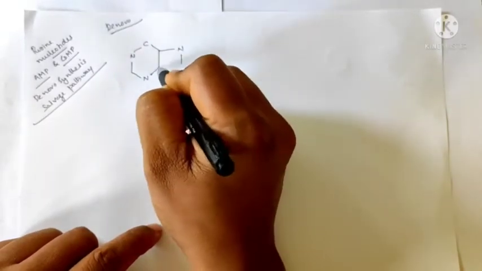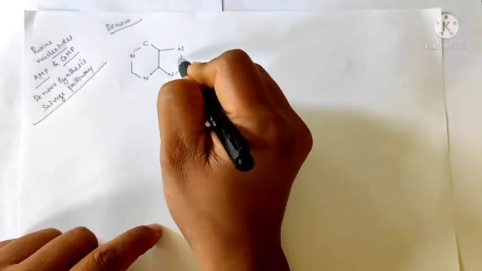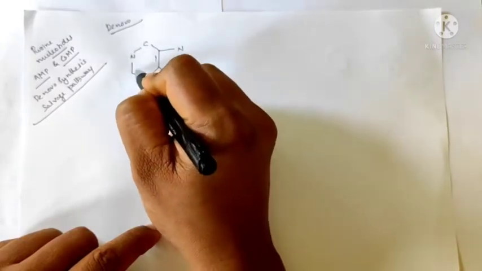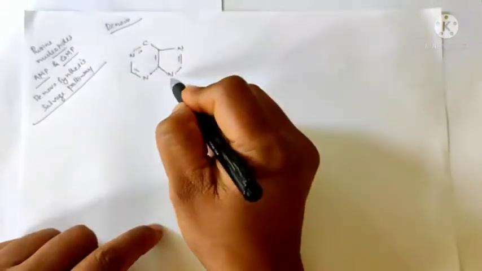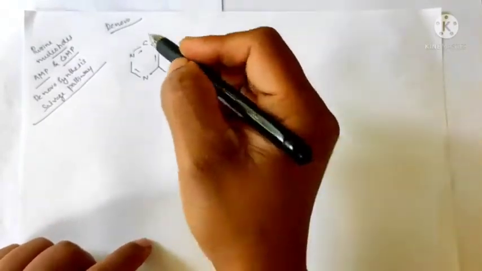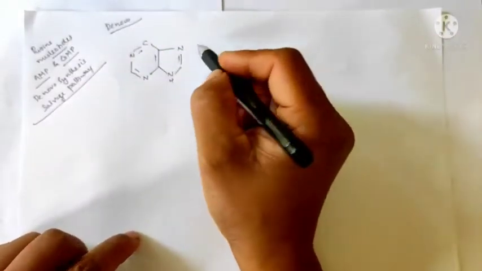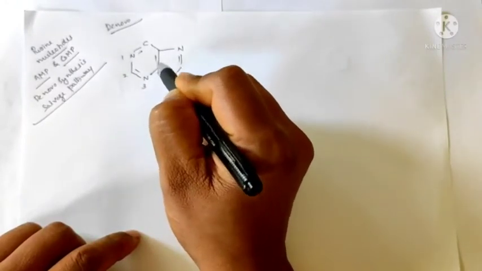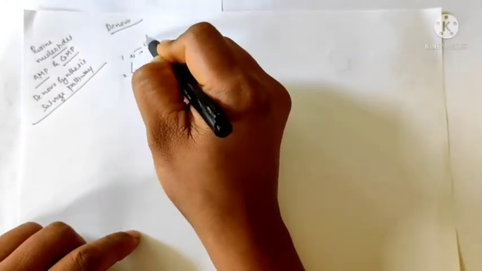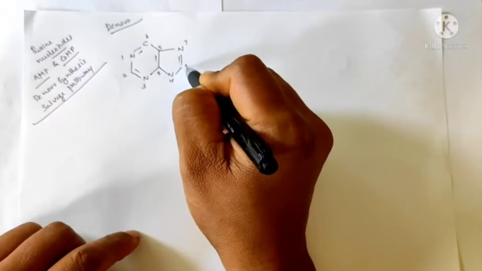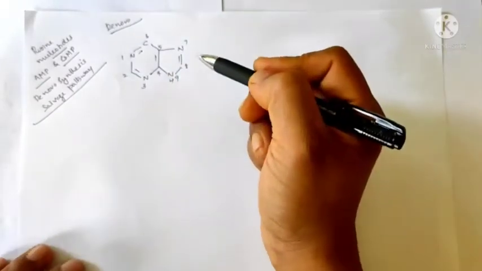This is the structure of purine, and numbering 1, 2, 3, 4, 5, 6, 7, 8 and 9.